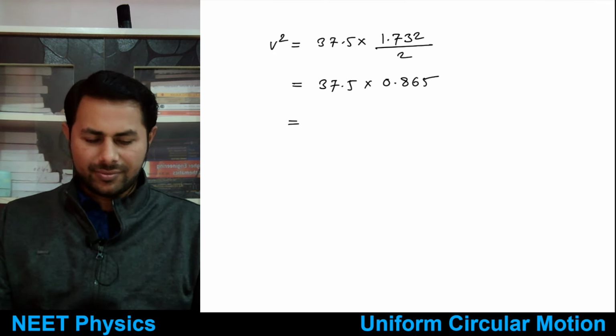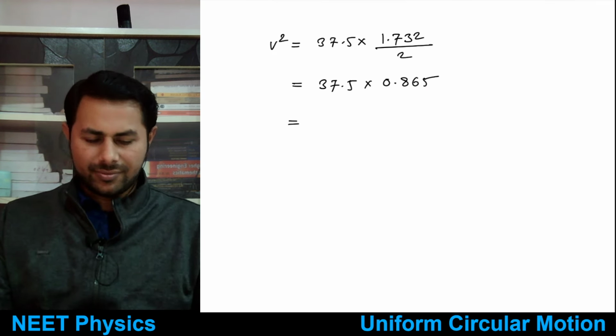A particle moves in a circle of radius 5 centimeters with constant speed, and the time period is 0.2 pi seconds. The acceleration of the particle is, so this one is very simple. So acceleration A_C is just r omega square, okay, and r is 5 centimeters, that is 5 into 10 raised to minus 2.